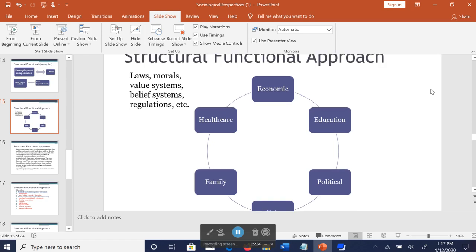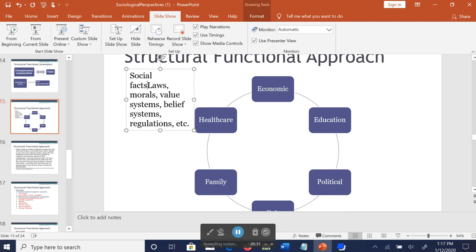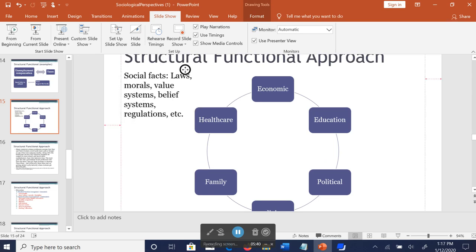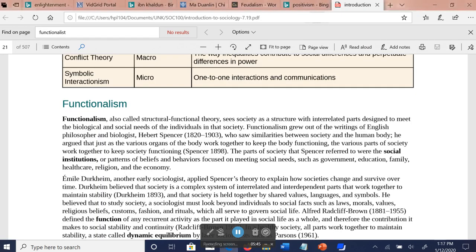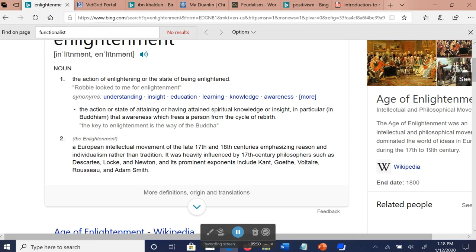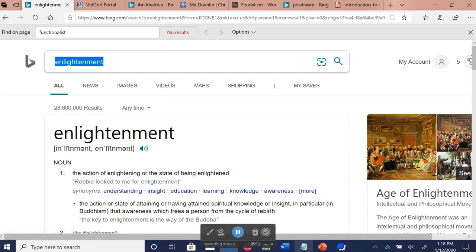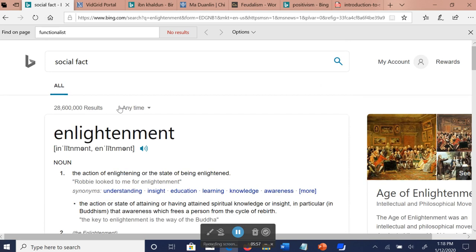So what are social facts? Social facts are all these things: the laws, the regulations, the morals, the value system, the belief system. If you Google the word social fact, I think it's somewhere in your textbooks too.